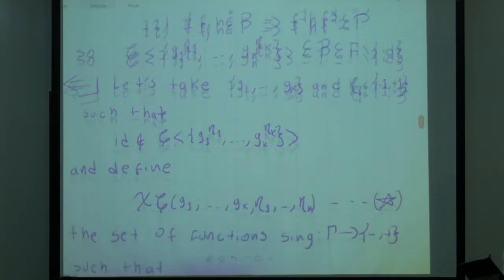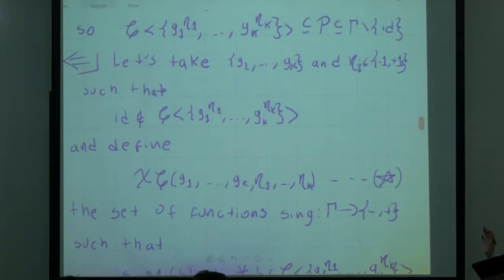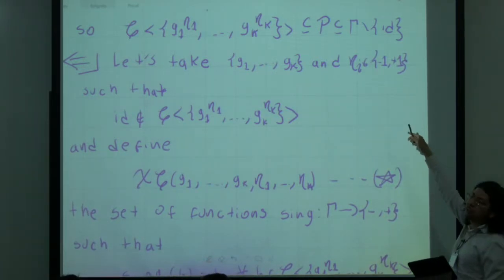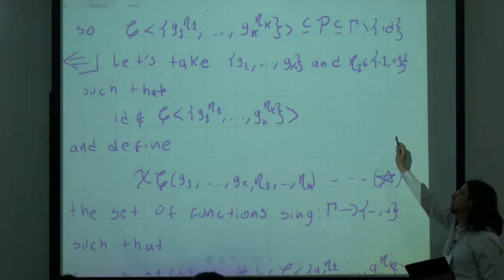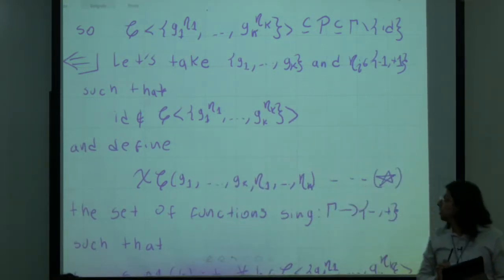The hard one is the other direction. So let's say we have any finite subset and compatible exponents such that the identity element doesn't belong to this semigroup.